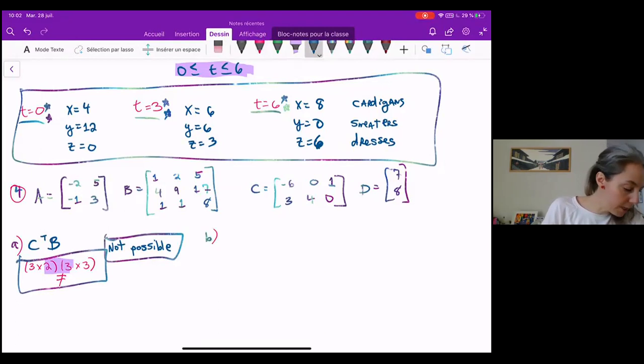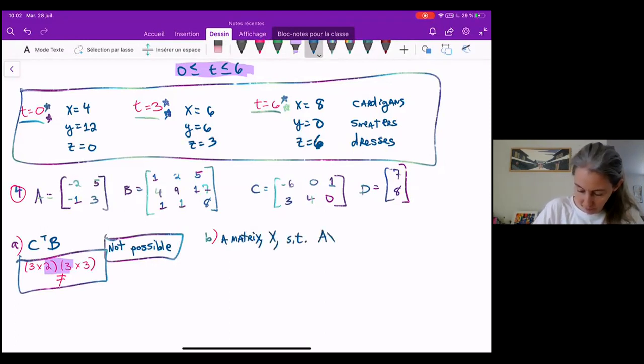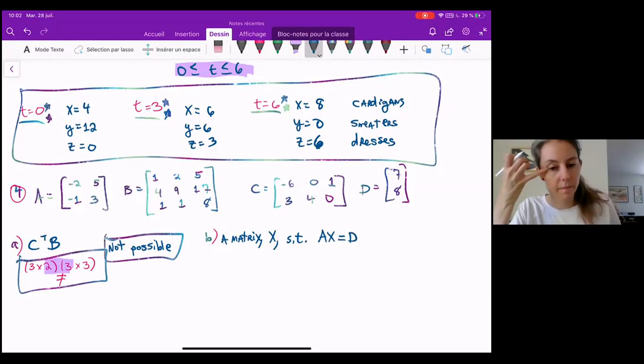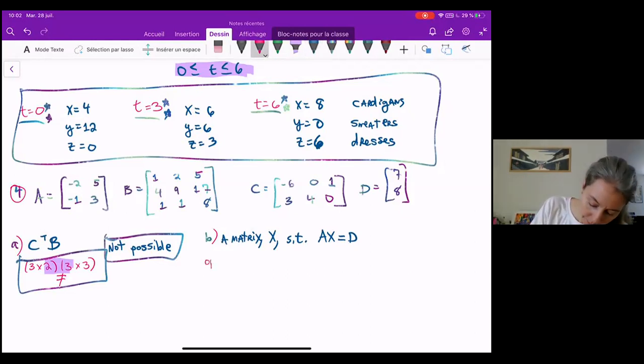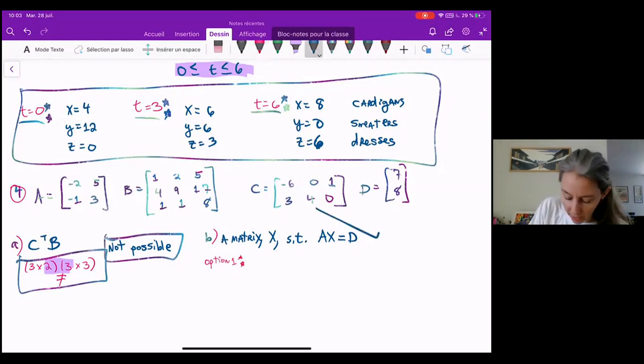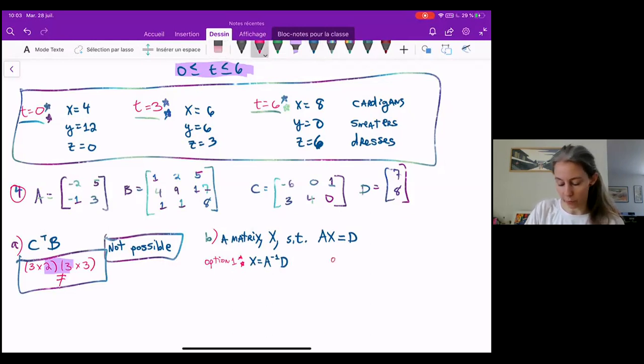Then it says a matrix X such that AX equals D. I actually have two ways that I could solve this because of the size of D. So my option one would be to treat this as a matrix equation, and we would say that X is equal to A inverse D. And my option two would be to row reduce.